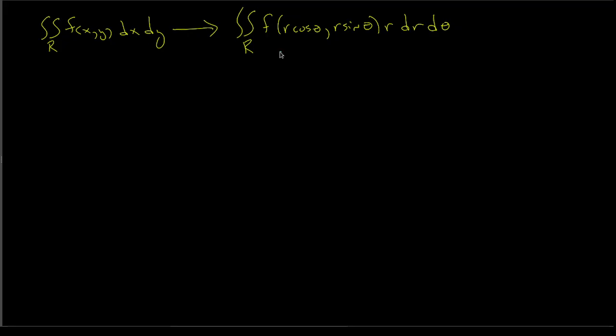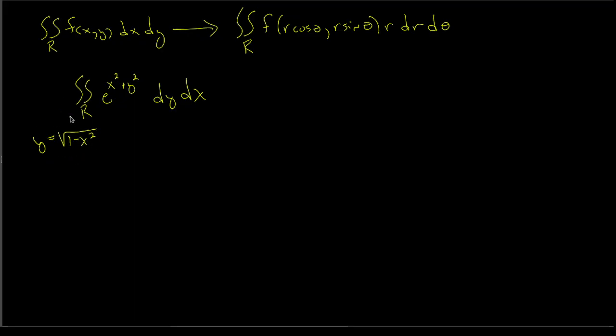So if we're moving from a Cartesian system to a polar system, we can change coordinates. A good example of this would be, let's look at the region of e to the x squared plus y squared, dy dx. And we're going to bound this by the region where it's going to be the upper half circle. So y is going to equal the square root of 1 minus x squared.